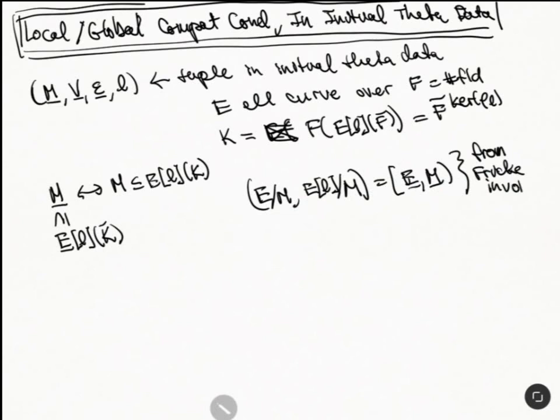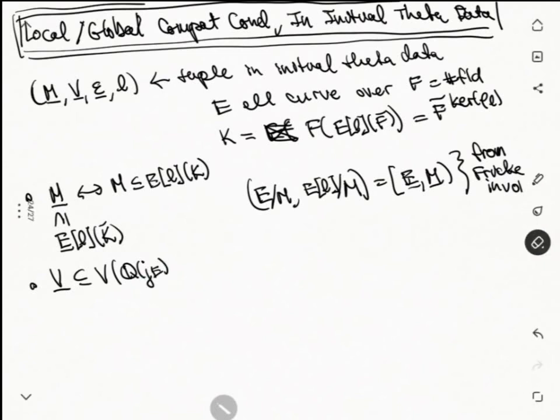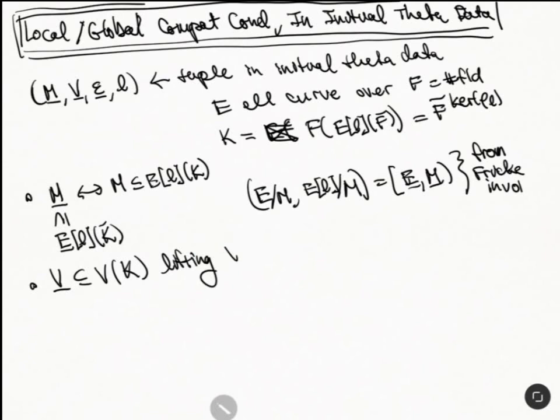Okay, and then we fixed these two things. So V underline was a subset of V, of the field of moduli. Sorry, it's a subset of V K. So this torsion field lifting V of Q of J E. I think we did J with parentheses.